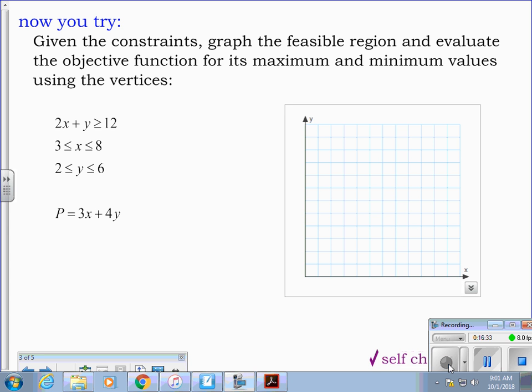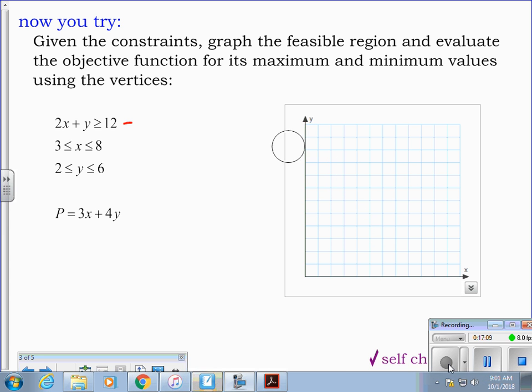Okay, let's do these. The first one, 2x plus y is greater than or equal to 12. My y-intercept is 12. I can do better than that.